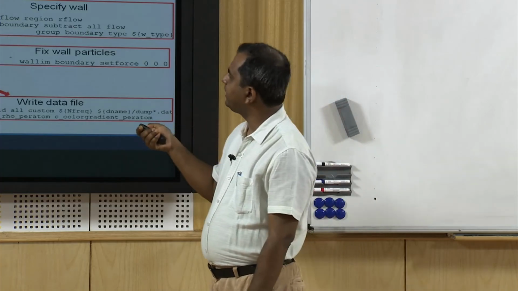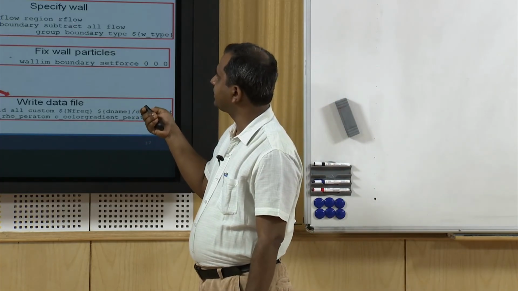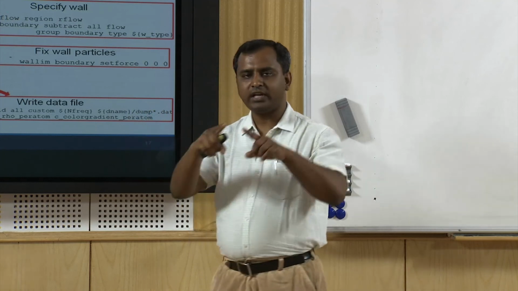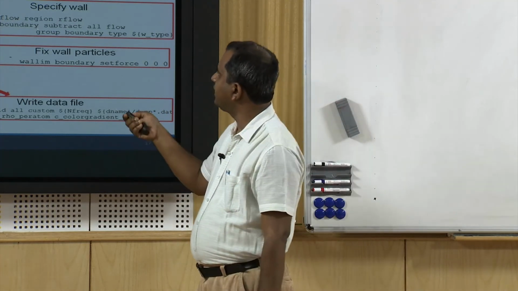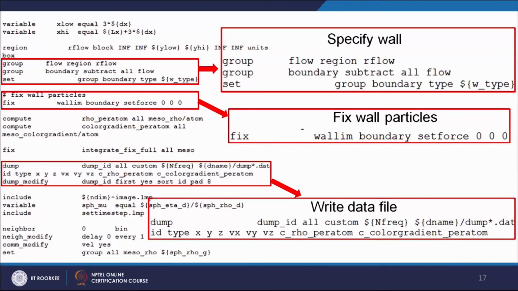First we have created a group for the flow region, meaning where the droplet and the gaseous phase are kept. Then we have subtracted the flow region from the overall region, and we get the boundary section.